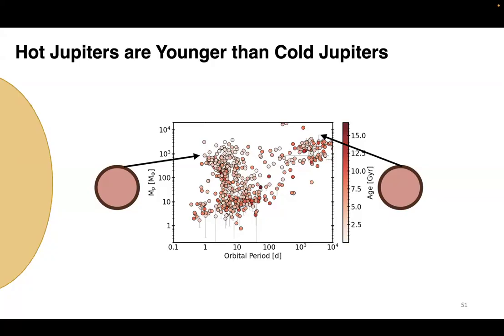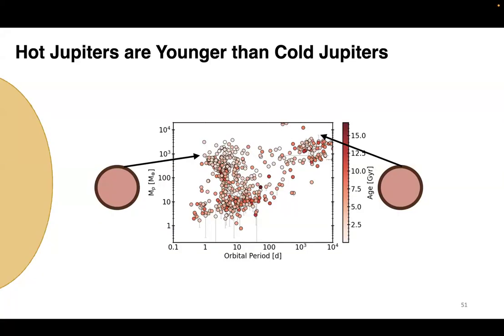And so we're seeing the same thing even when we're just applying this homogeneous methodology. But you might be looking at this and thinking about all of the huge biases that go into our observations of hot and cold Jupiters, and you'd be entirely correct to challenge a plot like this with that concept.